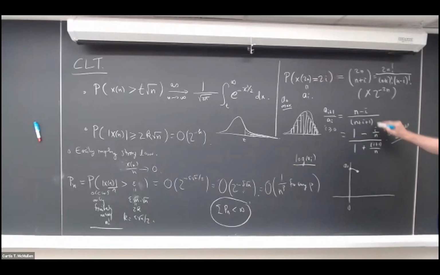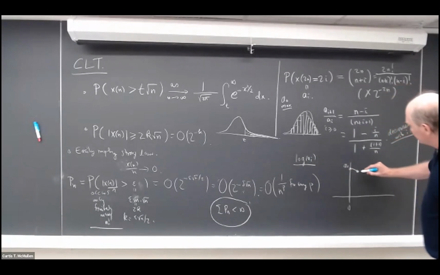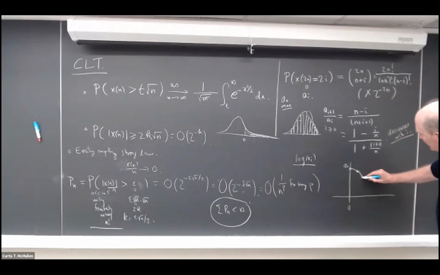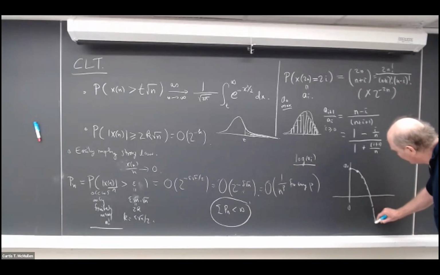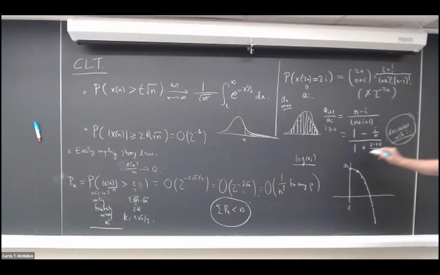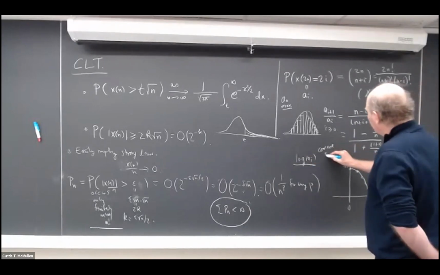And this fact that the ratio was decreasing says the amount it goes down by each step increases. So it looks like this. The descent accelerates. Of course, this is a log, so it's allowed to go negative. In other words, this statement says that log a_i is a concave function.